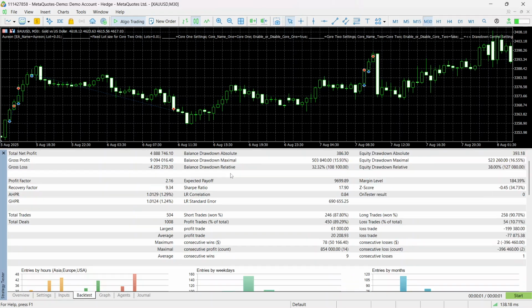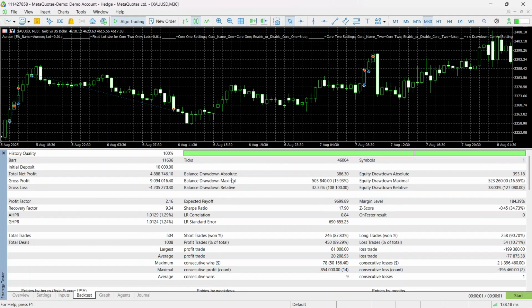Let's take this up. Now we can see everything at the same time. Profit rate 89.29%. Drawdown 38% for equity drawdown, and balance drawdown of 15.93. So on the high side.